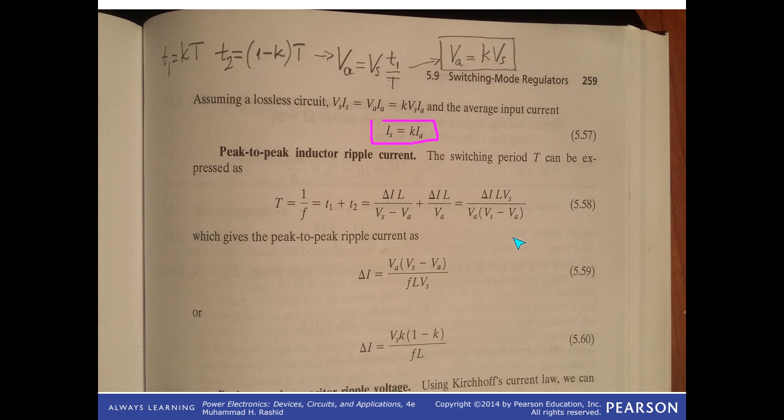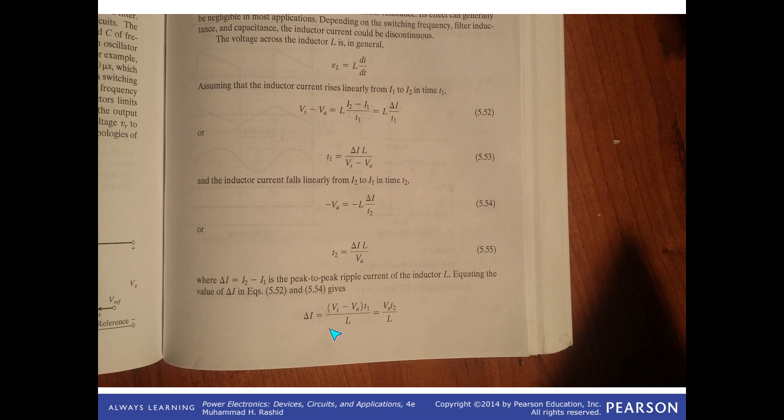And delta I, you remember delta I. Let's go back, we found delta I here. Delta I, either use this one or that one.